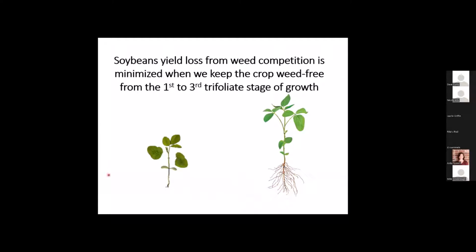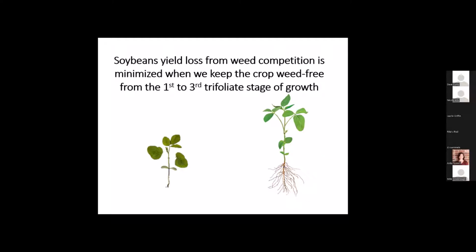So anything emerging prior to that first trifoliate stage is not likely to impact yield. And then anything emerging after the third trifoliate stage, again, not likely to impact yield, although there's value in managing weeds that emerge after this stage. From a seed return perspective, it minimizes the amount of seeds that we're returning to the soil.